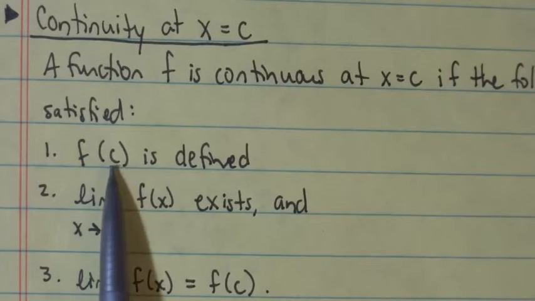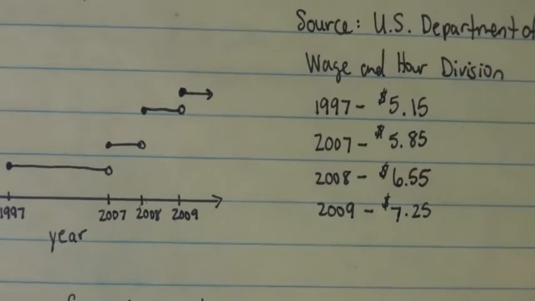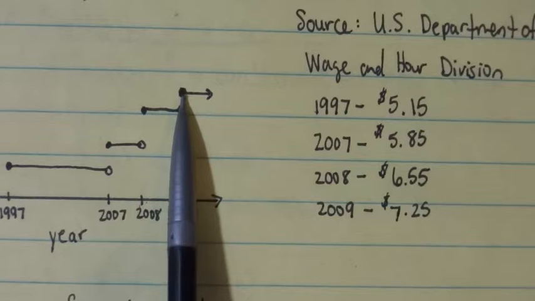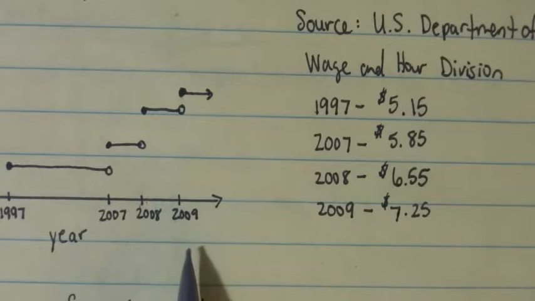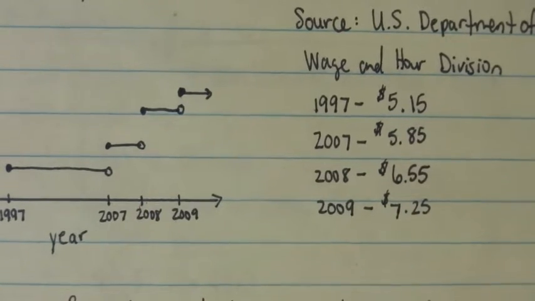So the function value at c is defined to be some value. Like with our graph, f of 2009 would equal an actual value, 7.25. We're not going to go to the open circle because that doesn't pertain to 2009 onward. It pertains to the year prior.